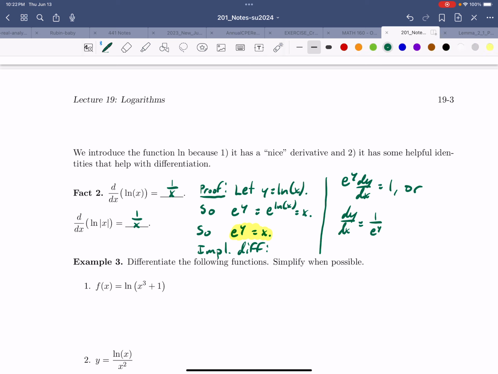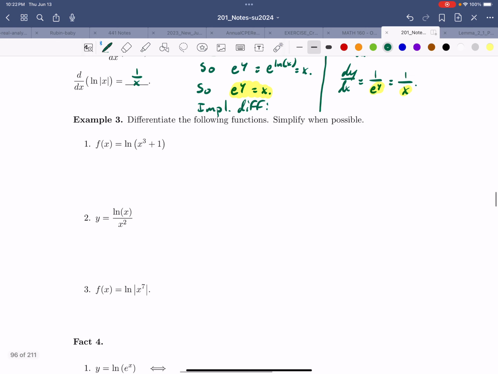So actually, our answer is dy over dx equals 1 over x. Done. Now, for the absolute value, you just consider the same thing. You just need to consider it's ln of negative x when x is less than 0, and it works out the same way. Dy over dx equals 1 over x. Okay, so that's the whole proof. Just a basic implicit differentiation problem.